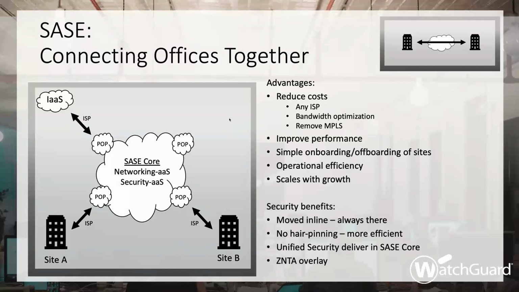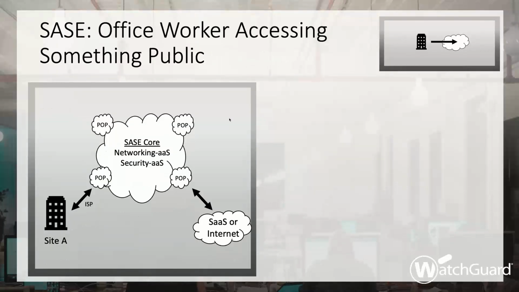And then you can start overlaying some of these ZTNA concepts as we get into some of these other scenarios, right? So now I'm thinking about an office worker, right, who maybe is at site A, and they want to get to the internet. They're going to a public network, to a public site, to a SaaS application, to the internet. And what does that look like? So now, the users on the site, the picture here is identical, right?